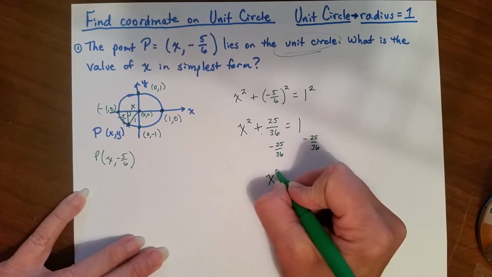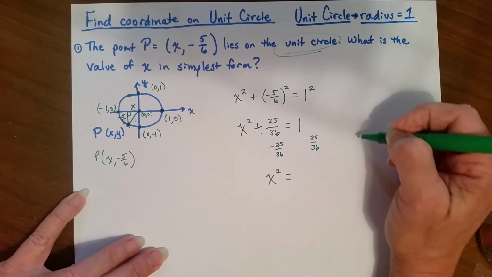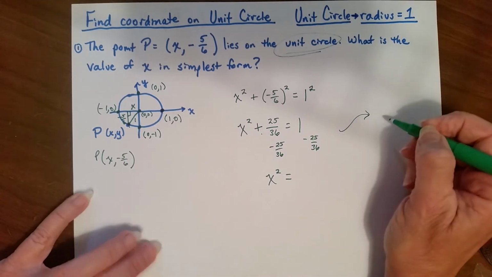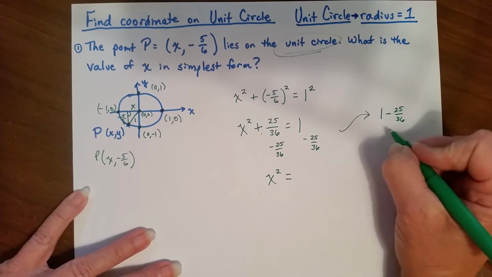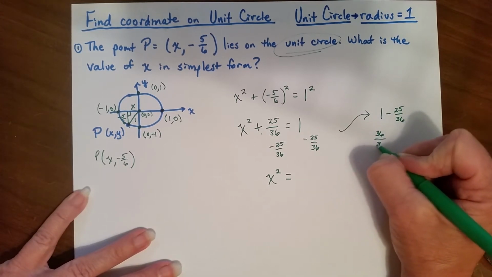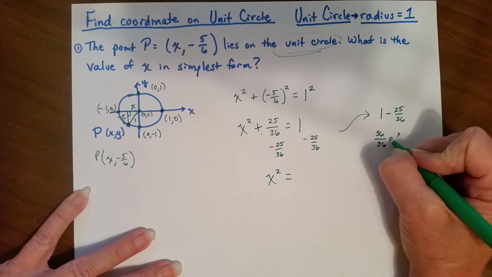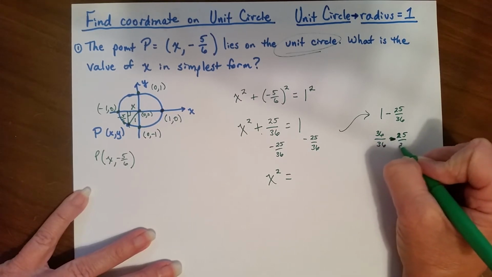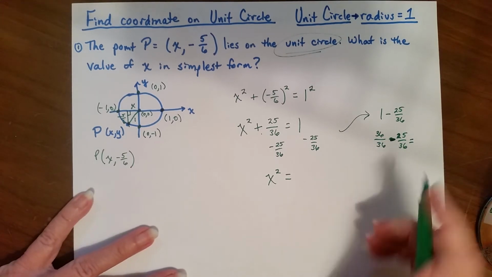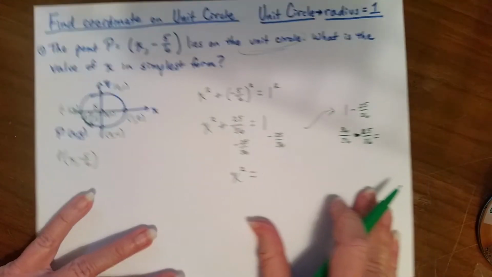So I have x squared equals, off to the side, 1 minus 25 over 36. Let's get a common denominator: 36 over 36 minus 25 over 36, because 36 over 36 is 1.